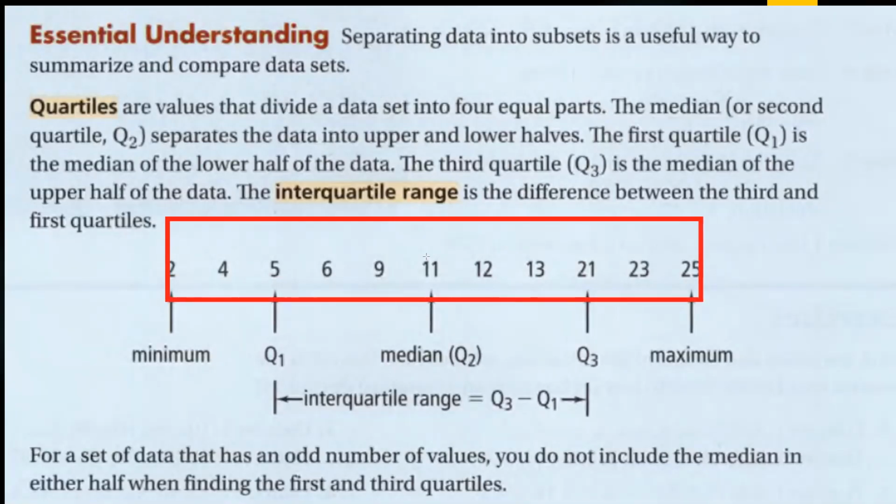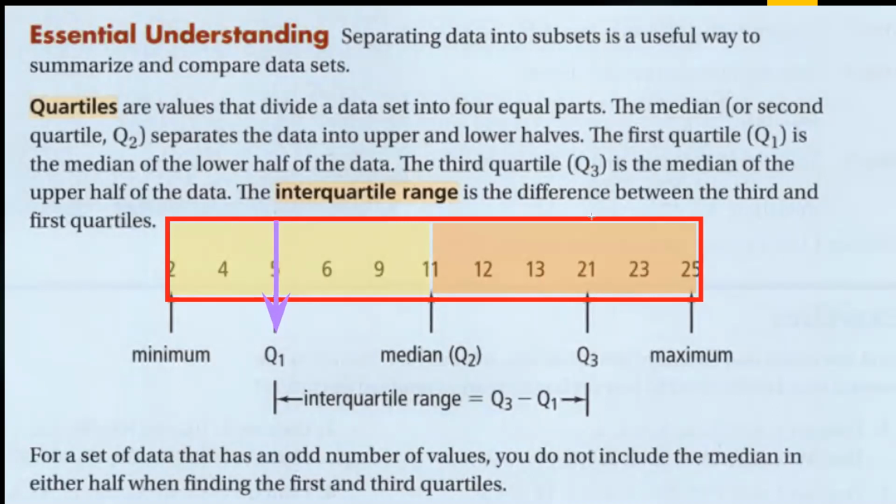Now, when you cut the bar of chocolate into 2 equal halves, we call it median or Q2. And then after you cut it, you have this part, and then you have this part. For the first part, the yellow one, when you cut it into 2 equal halves, you name it Q1.